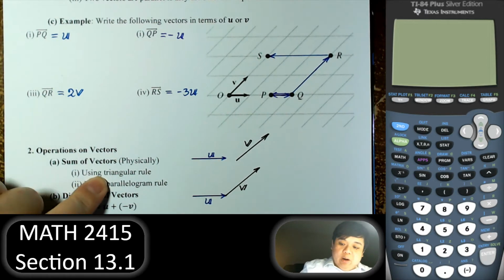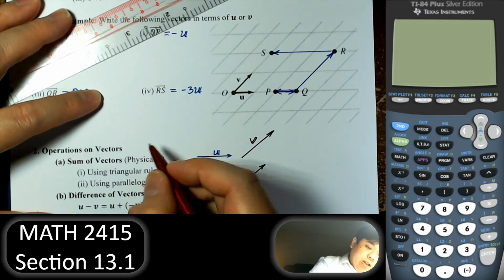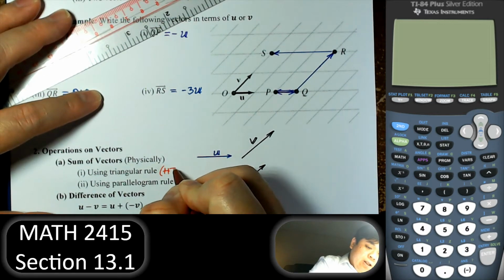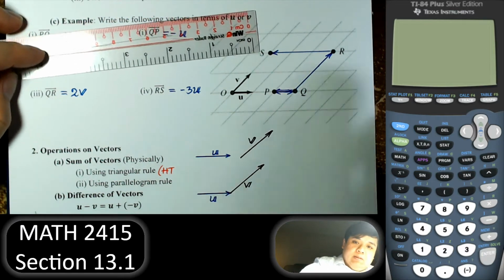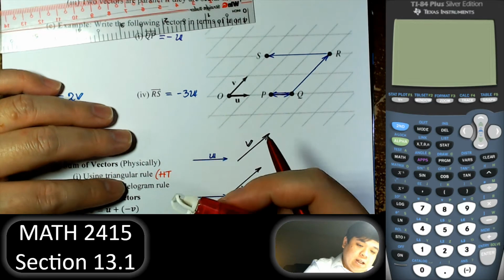This triangle rule is sometimes referred to as head to tail.